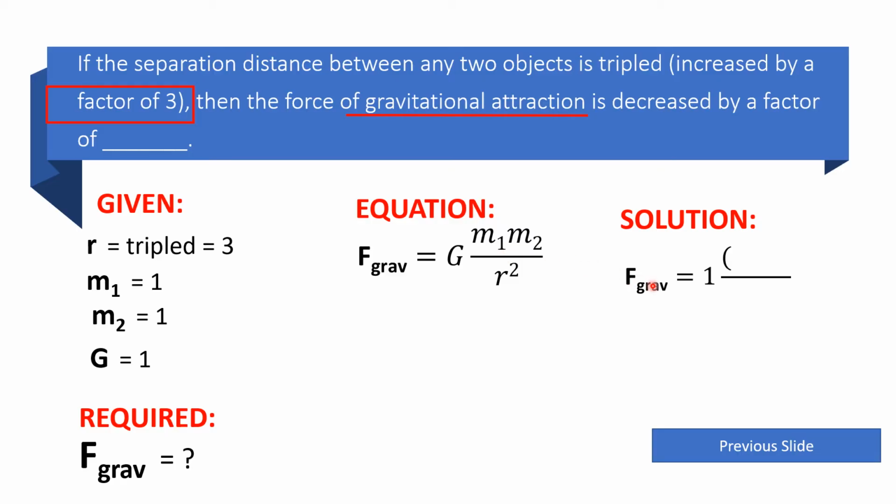So, we have F grav is equal to 1, yung value ng G. 1, value ng mass 1. Mass 2, 1. And 3. Ano yung 3? That is the distance. So, 3, square natin yan. So, the answer is 1 over 9. So, 1 times 1 is 1, times 1 is 1, over 3 times 3 is 9. So, that is the solution.